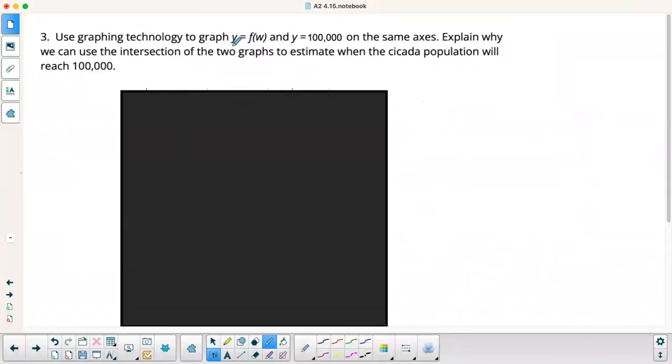Use graphing technology to graph y equals f of w and y equals 100,000 on the same axes. Explain why we can use the intersection of the two graphs to estimate when the cicada population will reach 100,000. So we start with 250 initial. Remember, f of w is 250 times e to the 0.5 w. Now I'm going to use x and y just to show you your graphs.